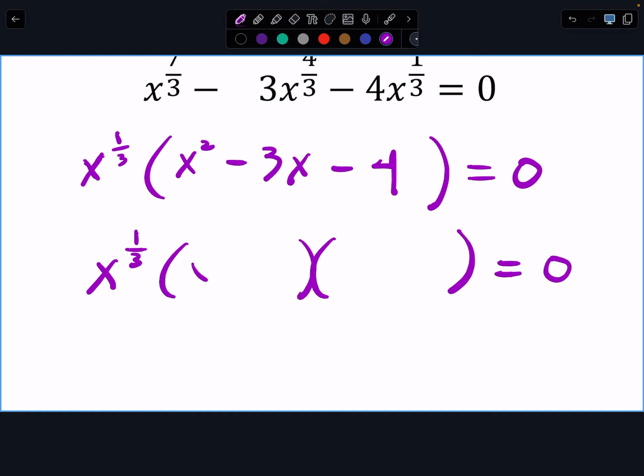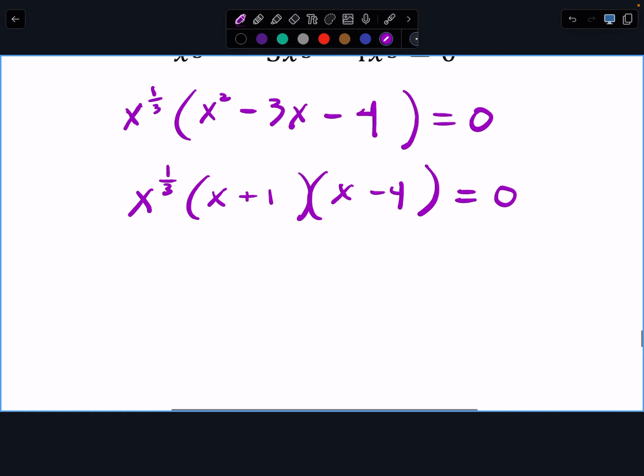Does that quadratic factor? To what? Cool, so now we have a product equal to 0. We're allowed to think, hey, zero product property.